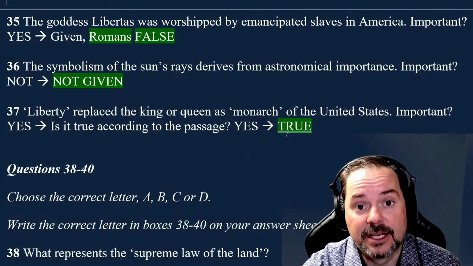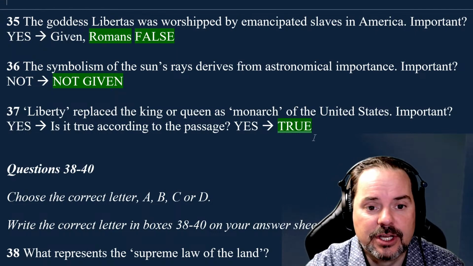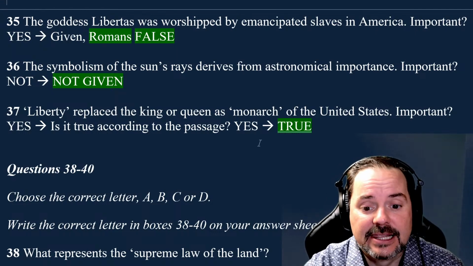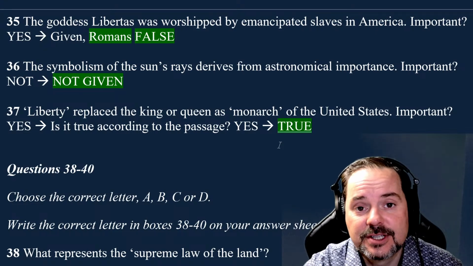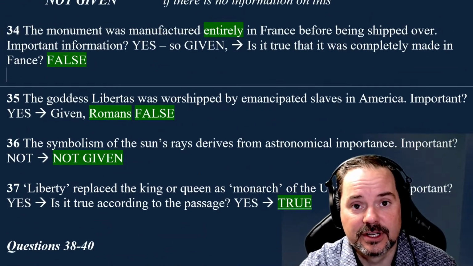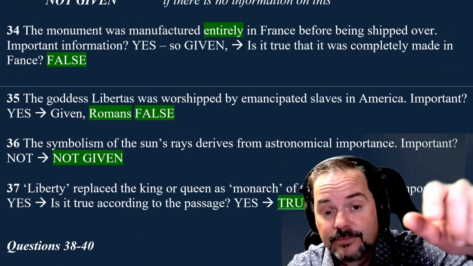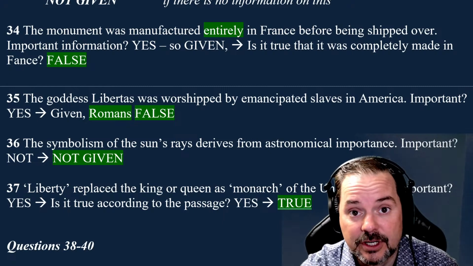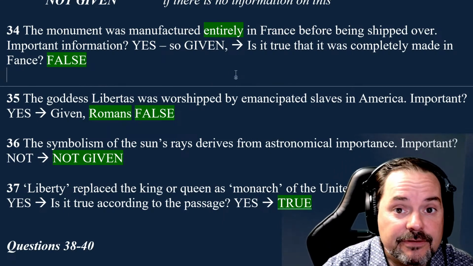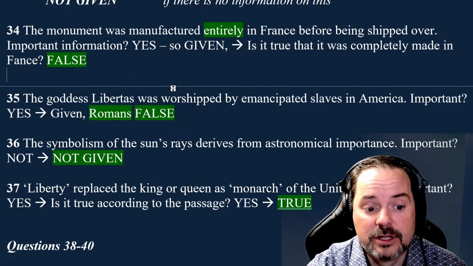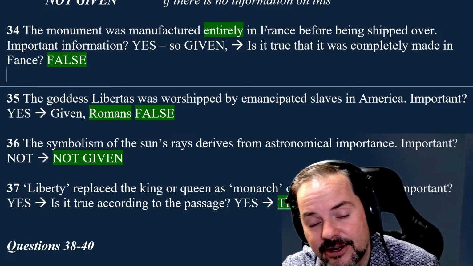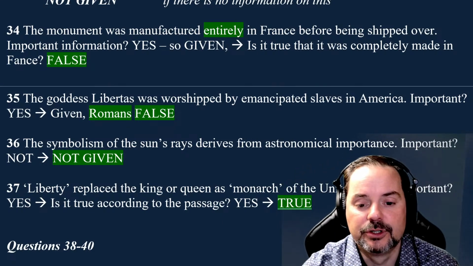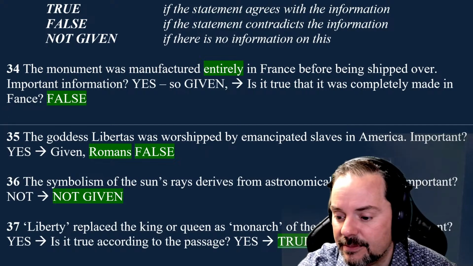And to make it even trickier, that last one, the answer is in the conclusion. So if you're trying to skim read or scan for these true, false, not given questions, you're going to get a lot of them wrong, and it's going to take you a very long time to even try to figure them out because it's false, false, not given, and the true is in the last paragraph. So be very careful. Don't try these questions before you read the passage.